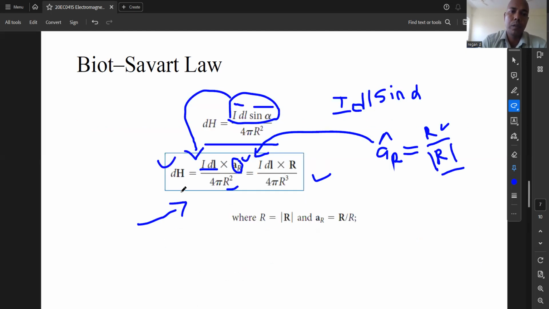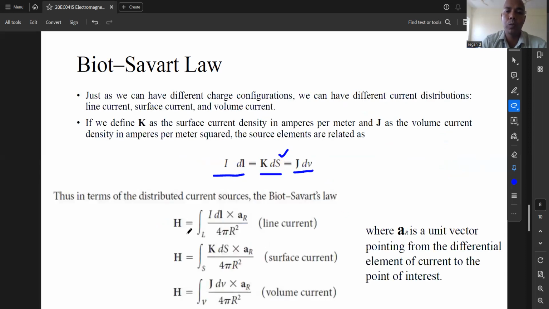So here dH is the differential form. By applying integrations, H is equal to the integration over these parameters.